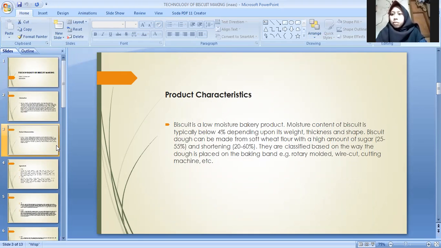Biscuit dough can be made from soft wheat flour with a high amount of sugar, 25 to 55%, and shortening, 20 to 60%. They are classified based on the way the dough is placed on the baking band: depositing, molded, wire cut, cutting machine, and extruded.